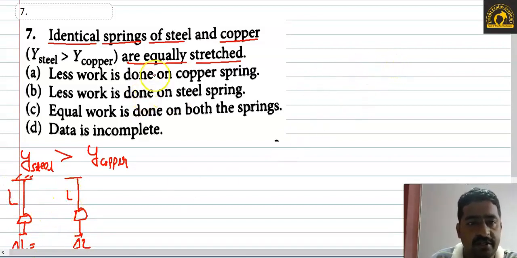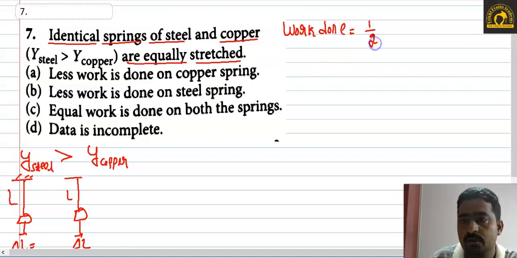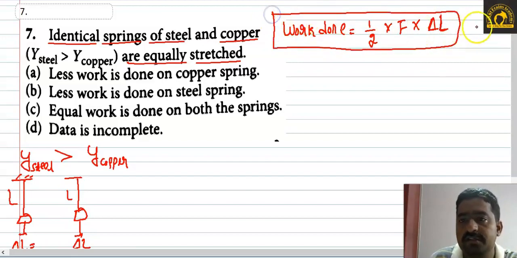The question is, is less work done by the copper spring or by the steel spring? Now you have to find the work done. What is work done here? Work done is equal to 1 by 2 into F into delta L. Okay, so this is the equation.